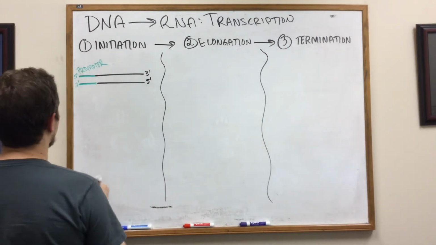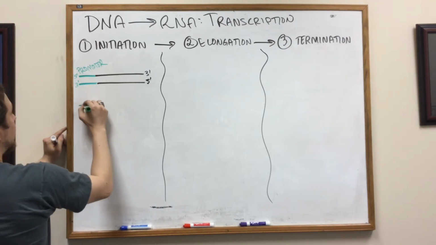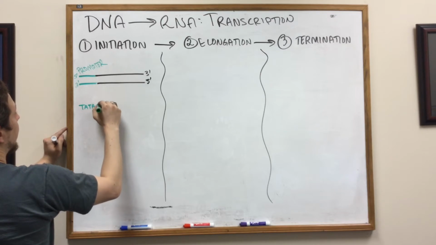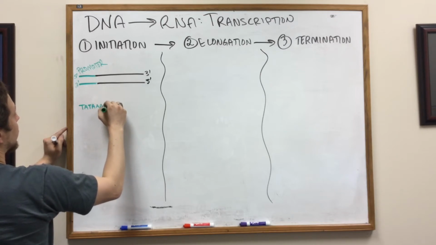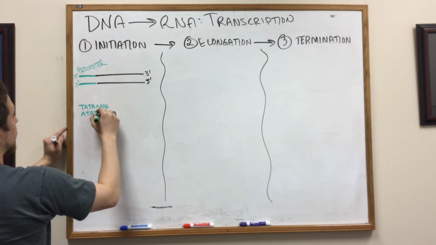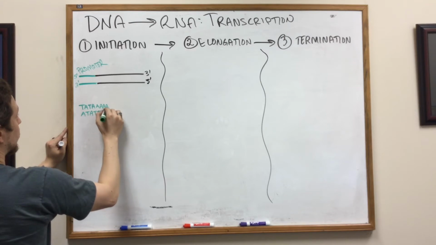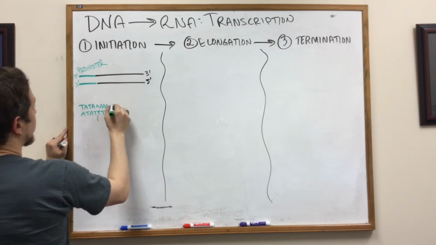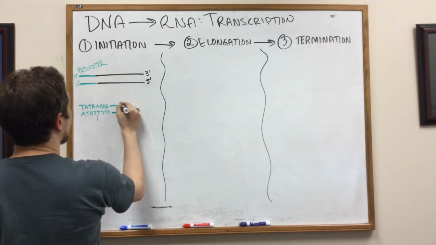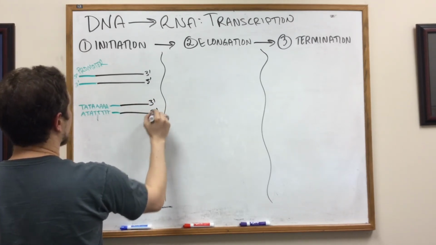Now, within that promoter, if we blow it up just a little bit, in eukaryotes, there's going to be a distinct region called a TATA box. That ties into part of the promoter. That's going to be a very critical part for our transcription.